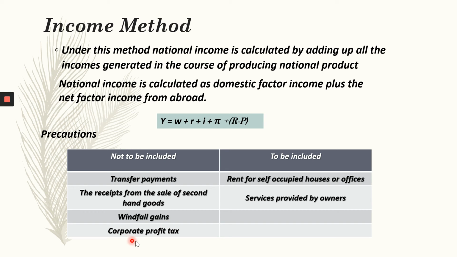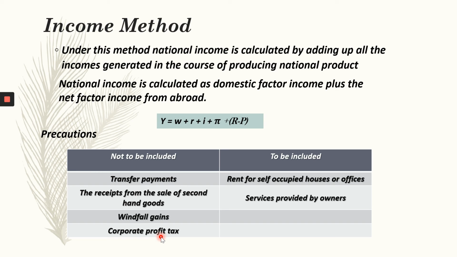Last one is corporate profit tax. What do you mean by corporate profit tax? It is a form of tax levied by the government on profits earned by businessmen in a particular period of time. Suppose a businessman gains a lot of profit, he has to give a certain part of the money to the government. This is paid in the form of tax.